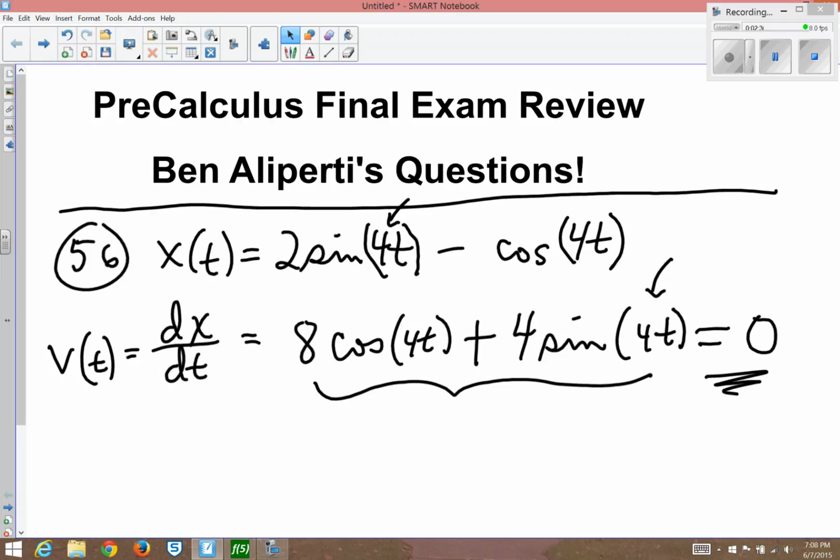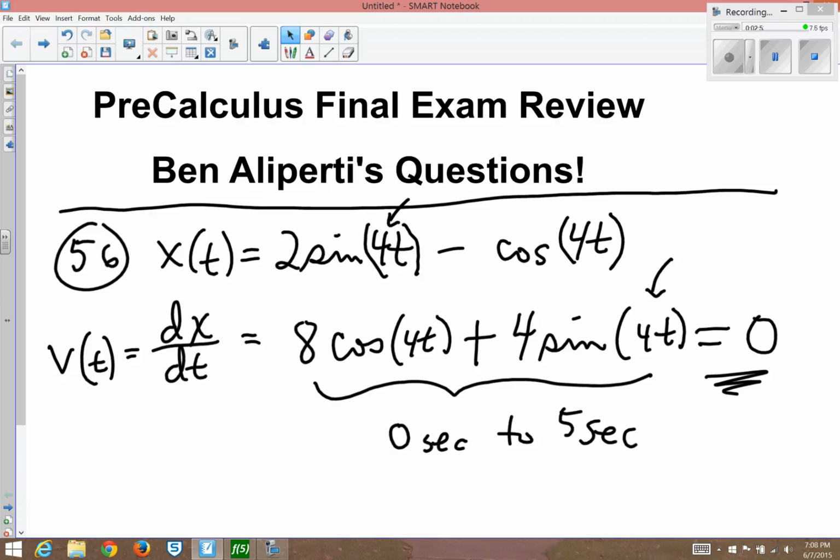Graphing calculator required for this question. We're going to graph the left side here. We're going to make all this 8, etc. We're going to make that y1 on the graphing calculator. And we're going to use a window that shows the first 5 seconds. That means from 0 seconds to 5 seconds.